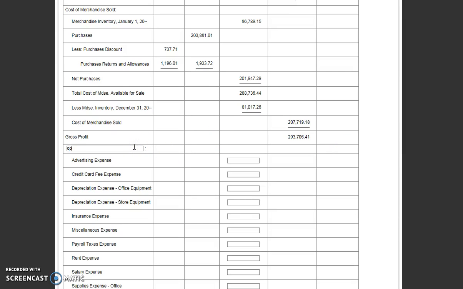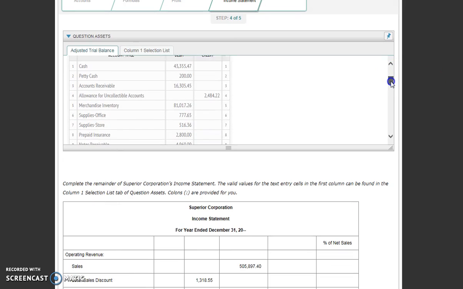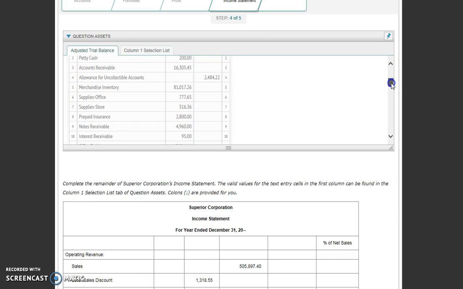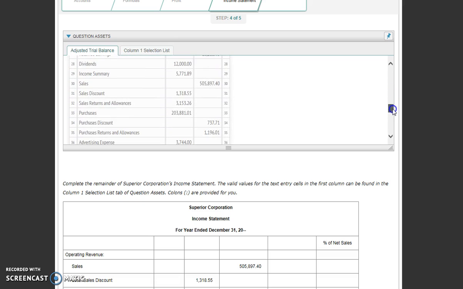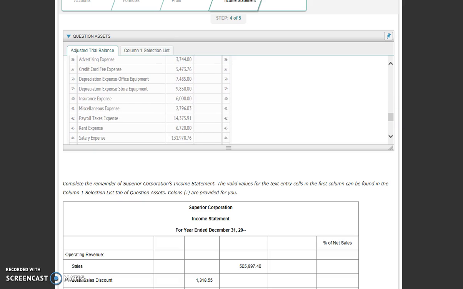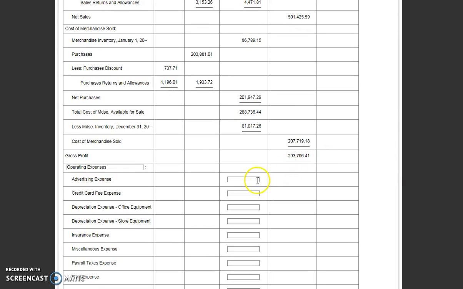So after gross profit, we have operating expenses. Okay, these are all from up here. Okay, advertising expense. Looking for the expense, there they are. So I'm just going to pull each from up here, but I'm not going to go up and down. Okay, you know where to find them. 3744.